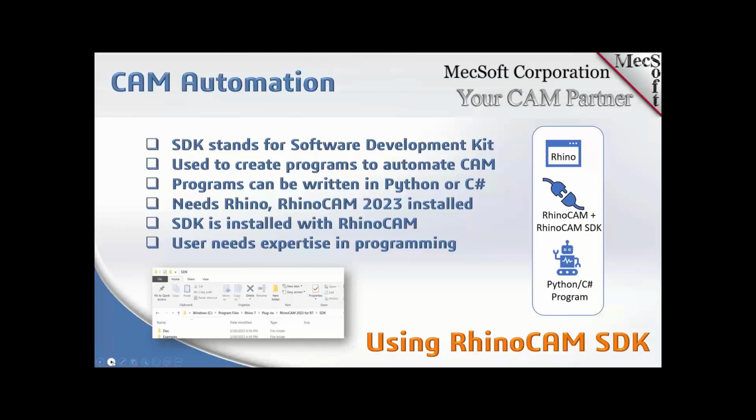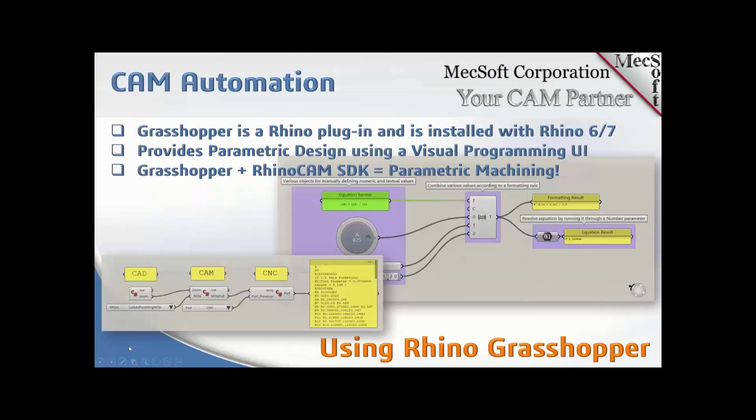All right, Don, next slide, please. Then we will talk about Grasshopper. For those of you who are not familiar with Grasshopper, Grasshopper is a Rhino plugin that is installed with Rhino 6 or 7. And by the way, the RhinoCAM SDK also works with Rhino 6 or 7. Grasshopper provides parametric design capabilities in Rhino using a visual programming user interface.